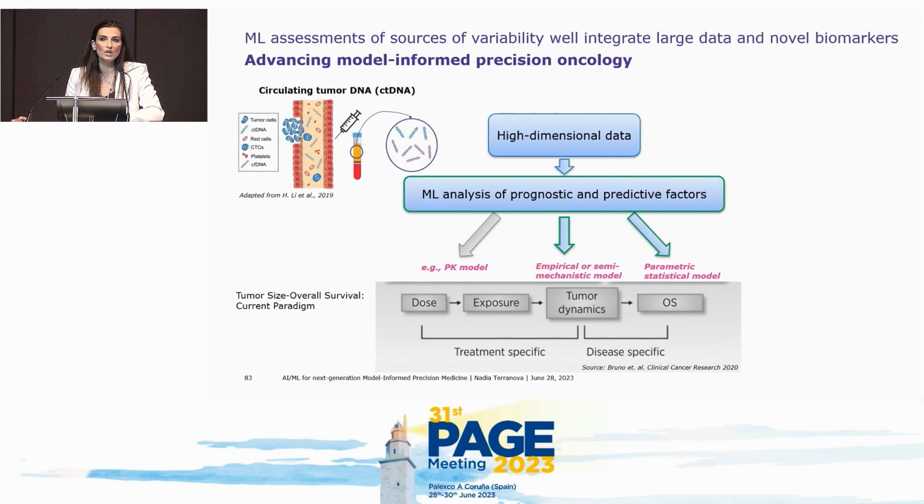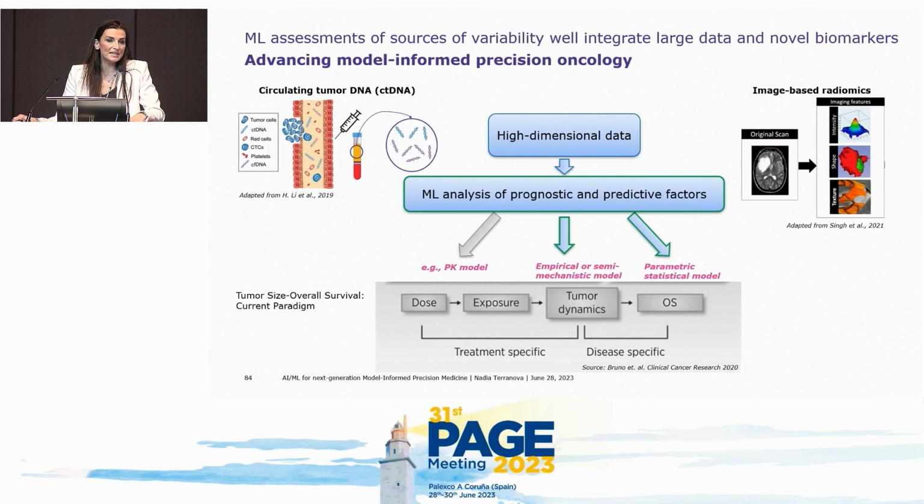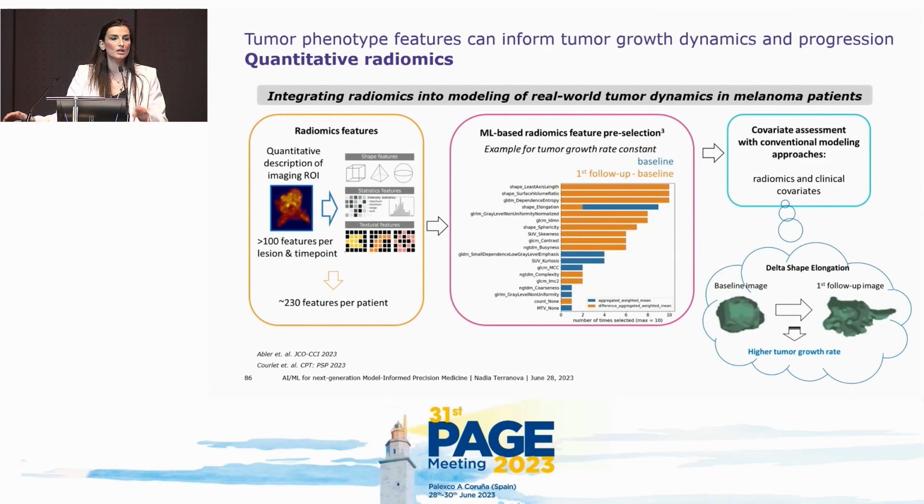For example, liquid biopsy circulating tumor DNA, which comes with a high dimension of mutations that are measured and taken from the blood. But also image-based radiomics, where from a lesion scan, there are a number of features that can be measured. And on this, last year there was a talk at PAGE and a recent publication in CPT: PSP, which showed that machine learning could be used to integrate radiomics into modeling of real-world tumor dynamics in melanoma patients.